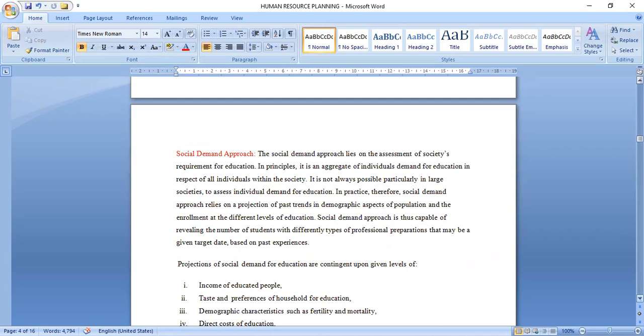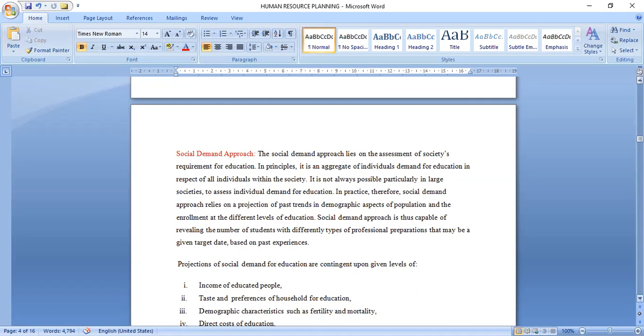So with education planning, let us look at the social demand approach. Basically, when organizations are looking at education planning using the social demand approach, it involves looking at what society requires for education.